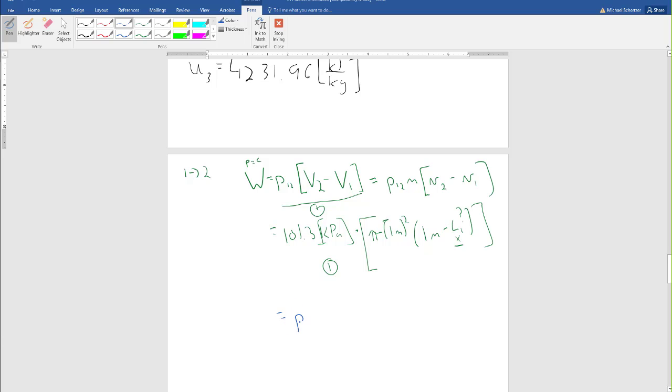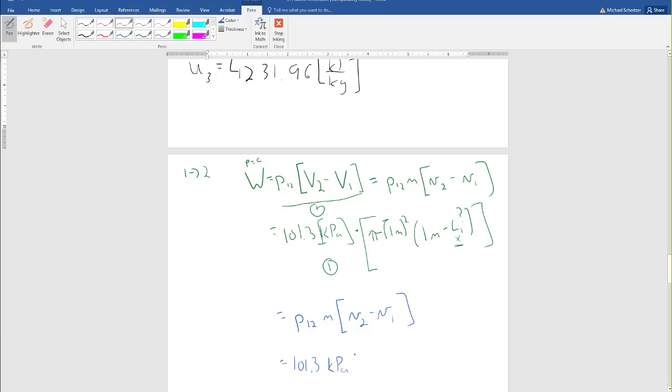Here I'm going to say that P 1 to 2 times the mass times V2 minus V1. So we know that this is 101.3 kilopascals.